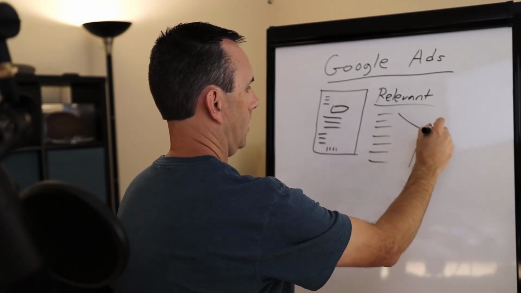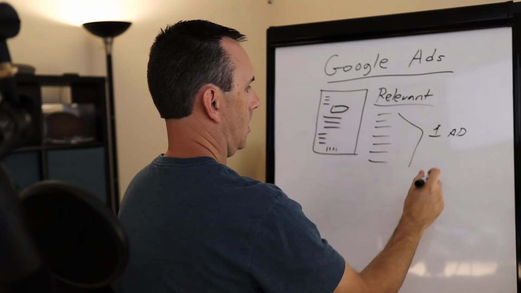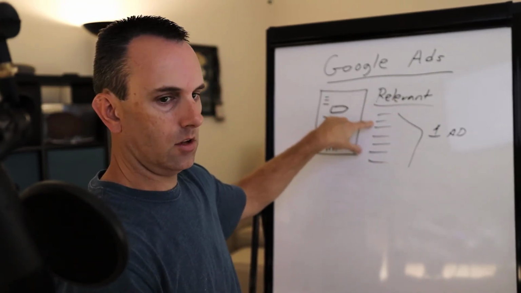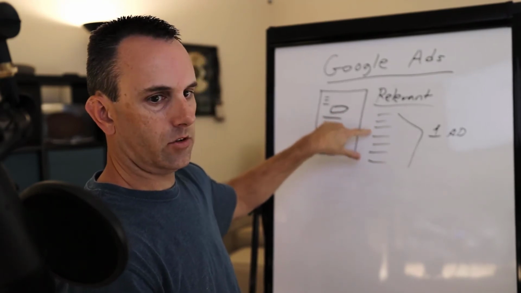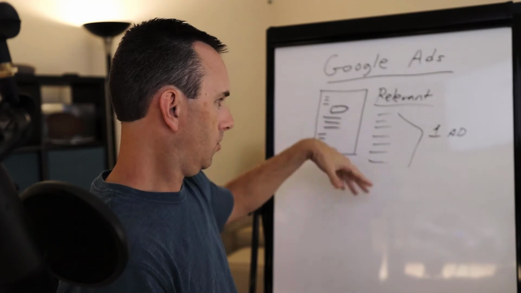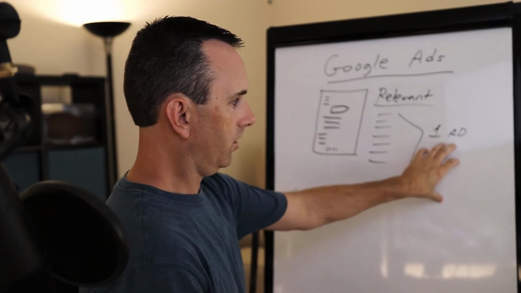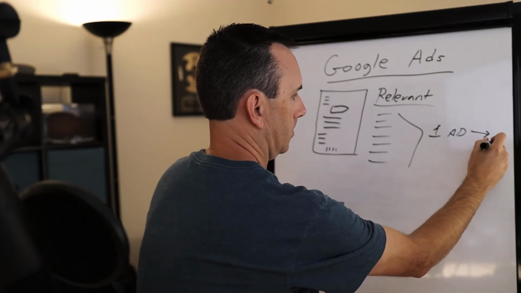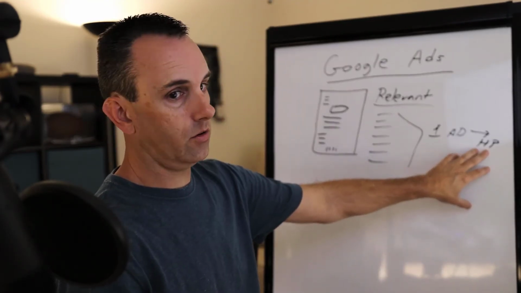So they have one ad running and it's supposed to service all these keywords. These keywords might be stump grinding, stump removal, tree trimming, tree removal, cabling, you name it, plant health care. It's got so many different keywords in here, and there's one little ad running, and that one little ad will take them to the homepage of their website, right?